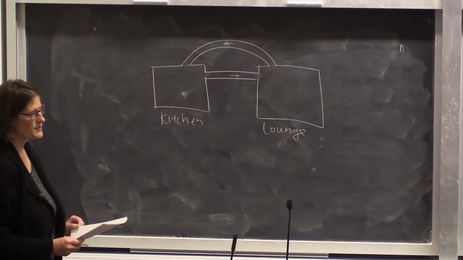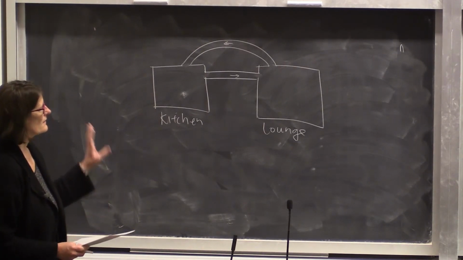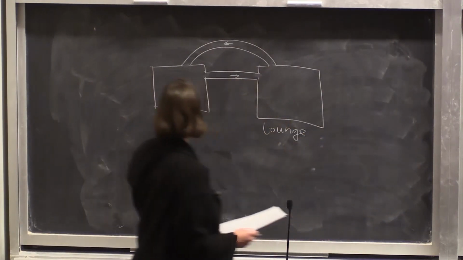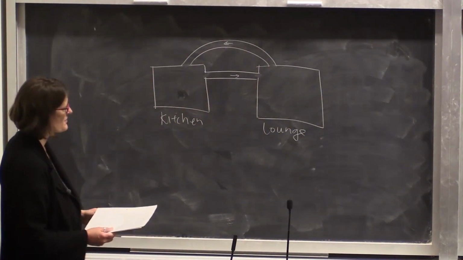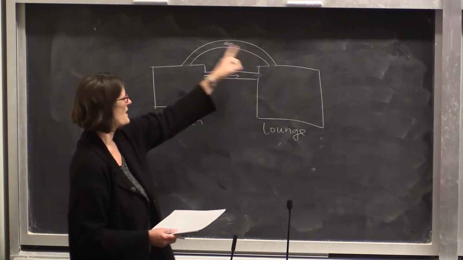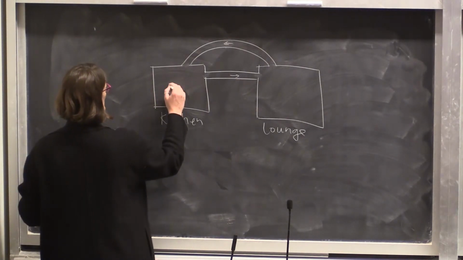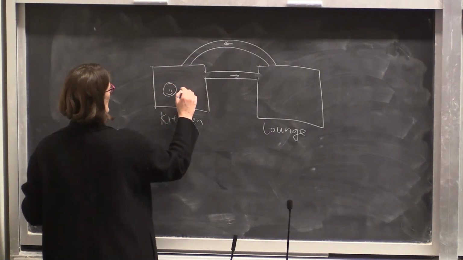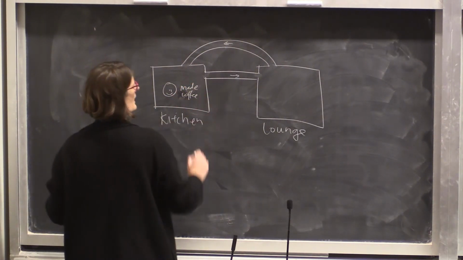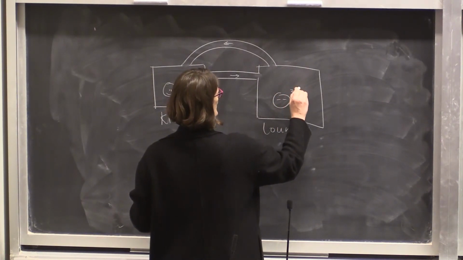Obviously, this is impossible because the people would die, but let's just imagine. The air entering from under door cracks and through windows will be sufficient to keep them alive, but is small enough that it's not going to be able to compete with the airflow due to the fans. So in here, we have a student who's just made coffee. And here we have a student who's asleep because they've been studying.